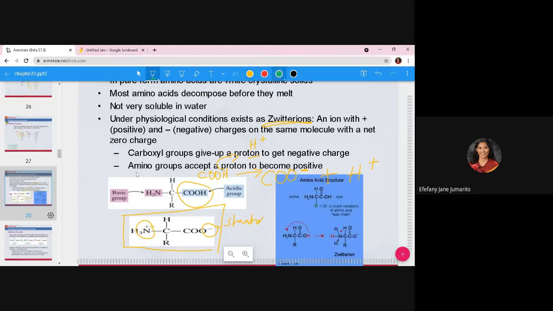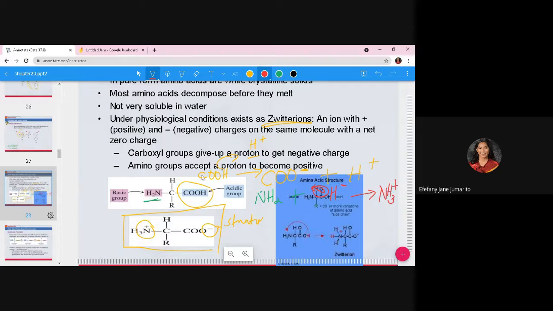Now, the amino group will accept a proton, an H plus. So we have here the NH2. If it accepts a proton, it will react with an OH minus, then it will accept the H here, so it will become NH3 plus.